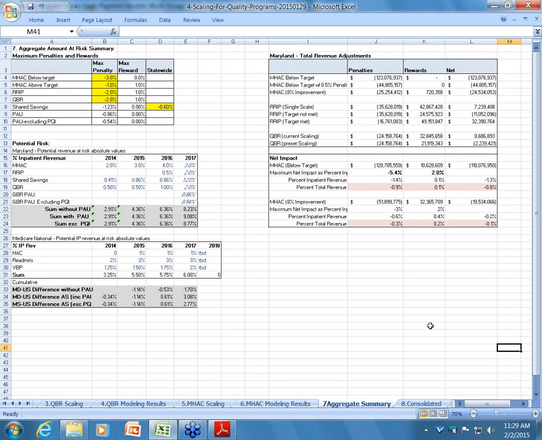Some of these things can come together more over time, but that's the process of moving it down the road.